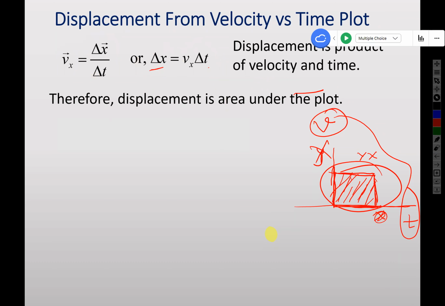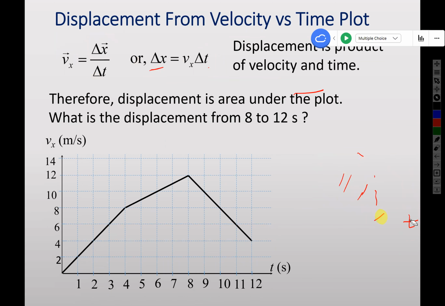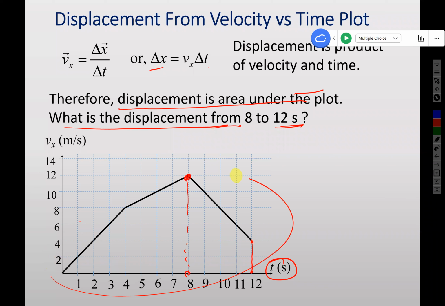Now, here, what is the displacement from 8 to 12 seconds? Time is on the horizontal axis. 8 seconds means here I'm looking at this point, and 12 seconds means here. So what is the displacement? That is the area under the plot. Yes, this is the whole plot, but we are interested in only this part of the plot.